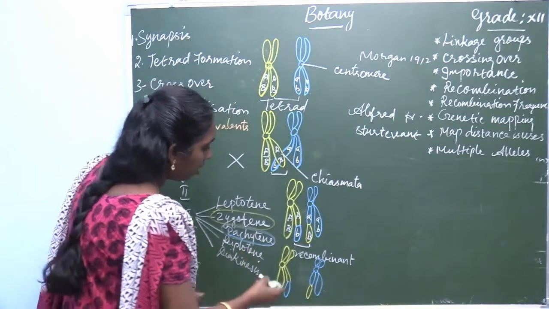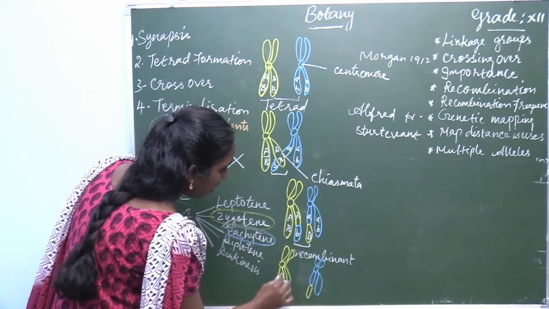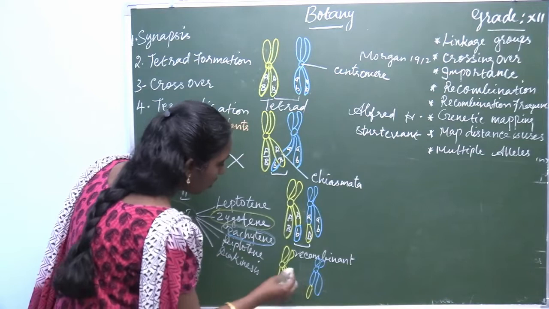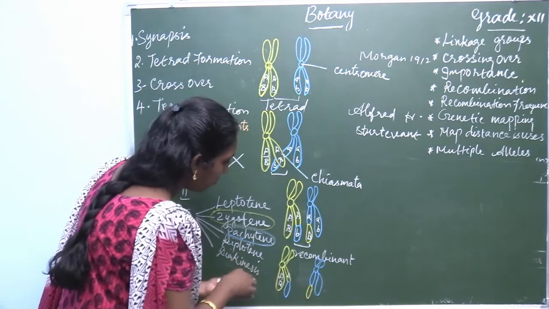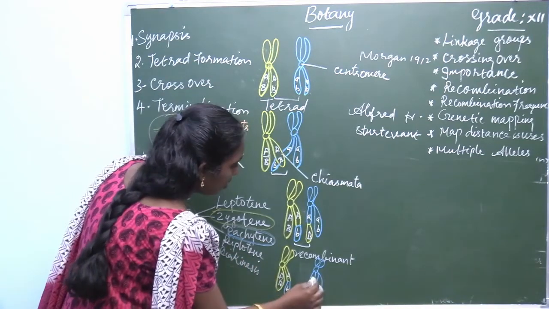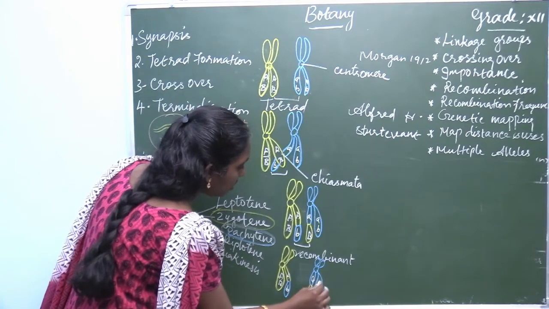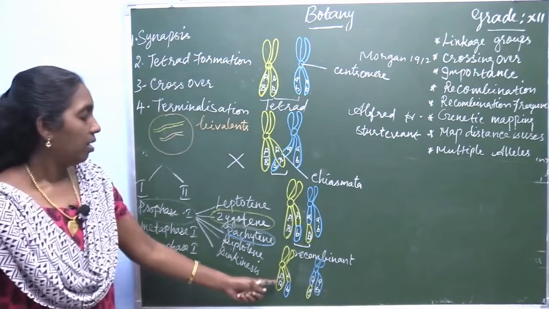So it separates: AB, A small b, small a capital B, small a small b.